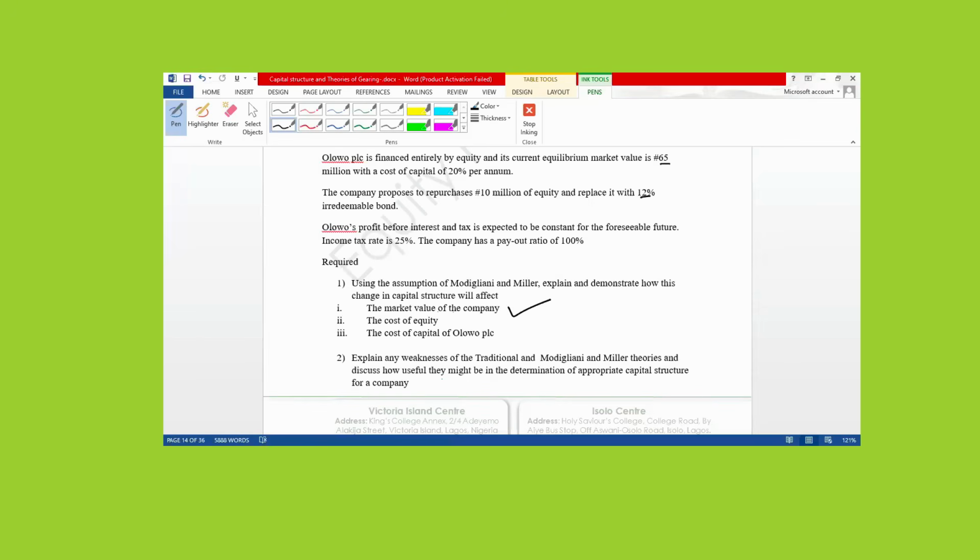Once your WACC is at minimum, you have achieved an optimal level of capital structure. At the minimum point of WACC, the value of the company is maximized. Let's go to the solution.